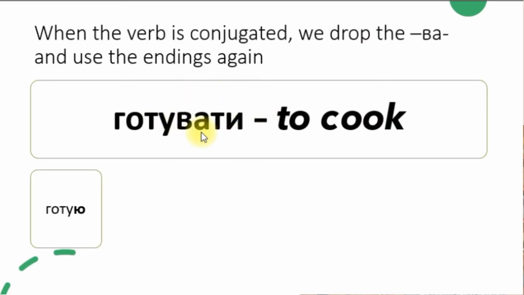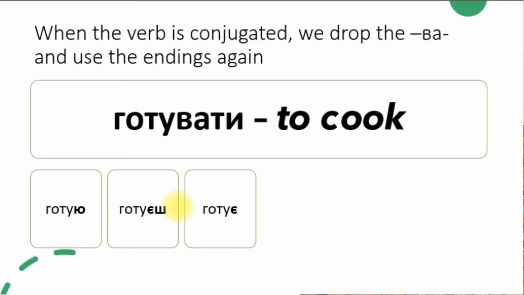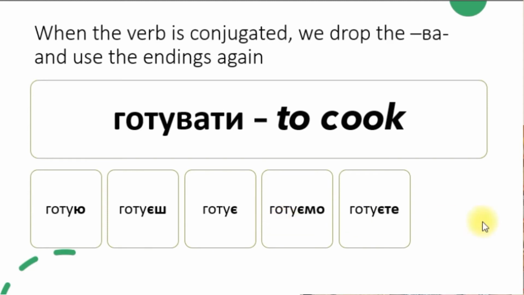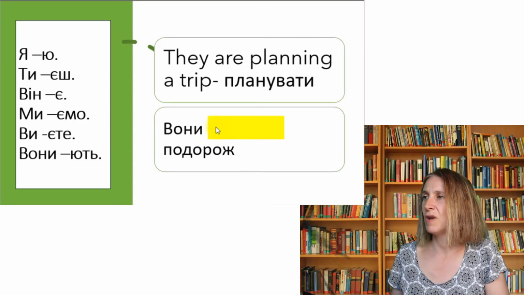Готу, and we're losing all of the вати. Готую. Я готую. Ти готуєш. Він, вона готує. Ми готуємо. Ви готуєте. And вони готують.